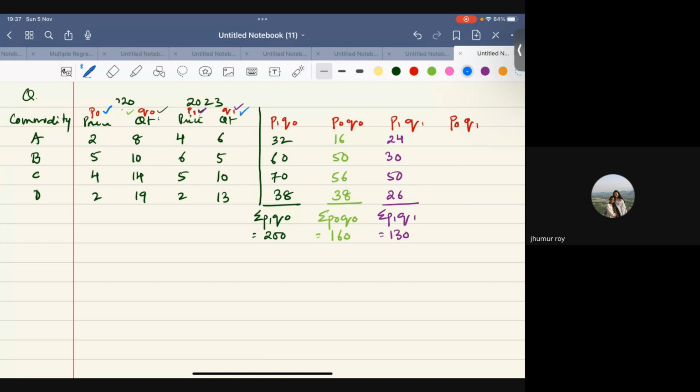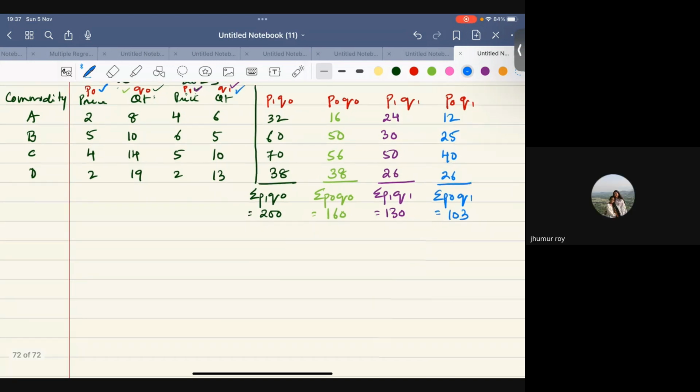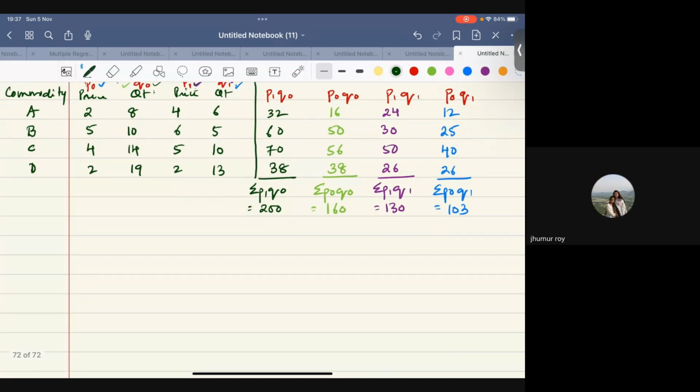So this is 12, 25, 40, 26, and sigma P0 Q1 is equal to 103. Okay. Now let us find out all the different things that we have to.